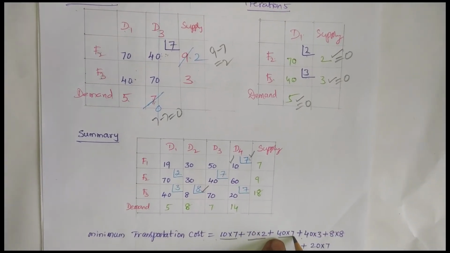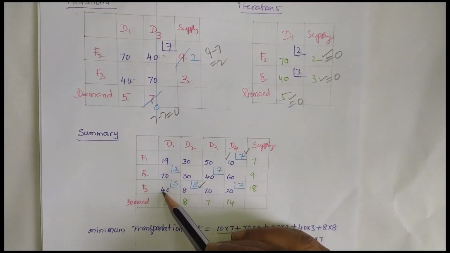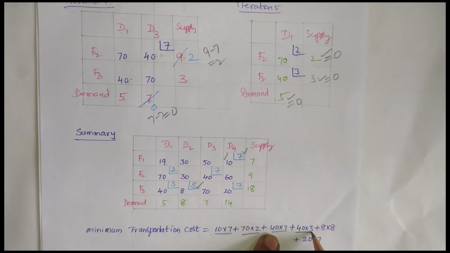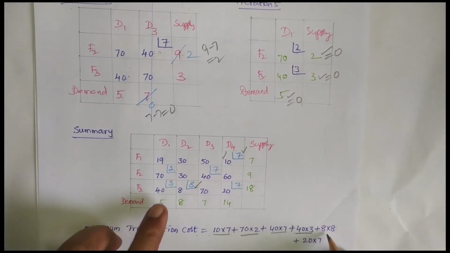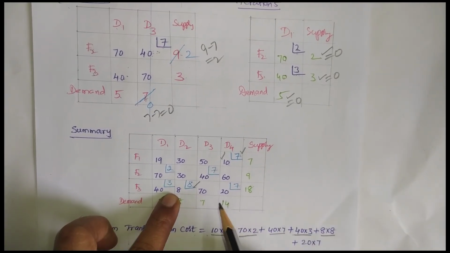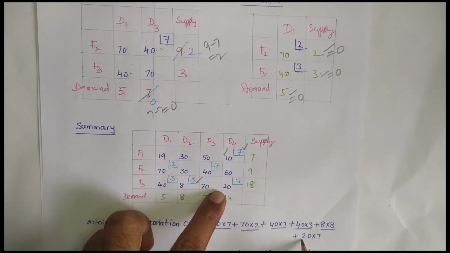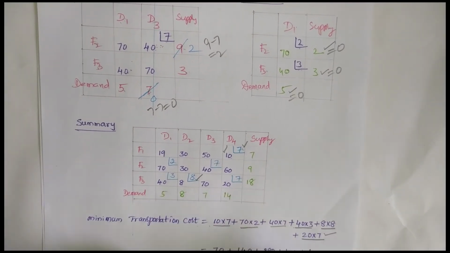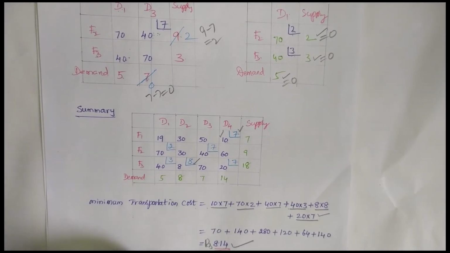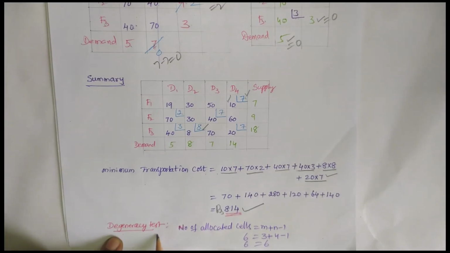Next, 40 multiplied with 3 units plus 8 multiplied with 8 units plus 20 multiplied with 7 units. So the total is 814 rupees. Degeneracy test.